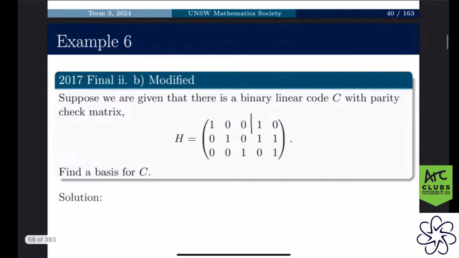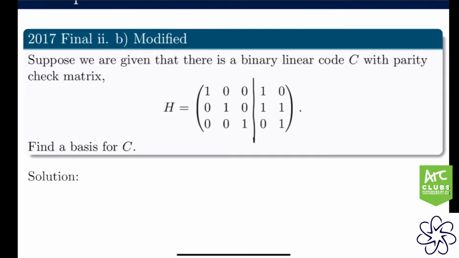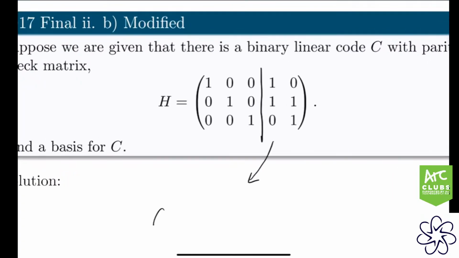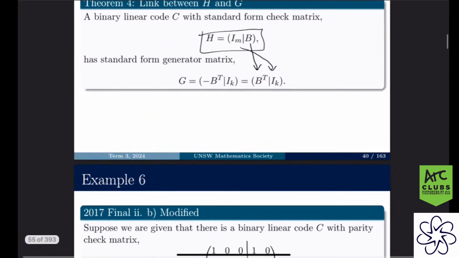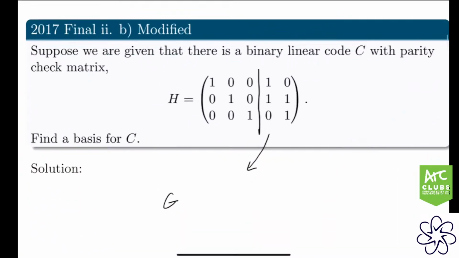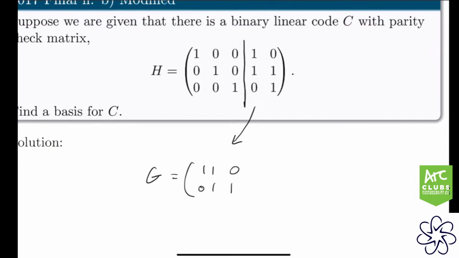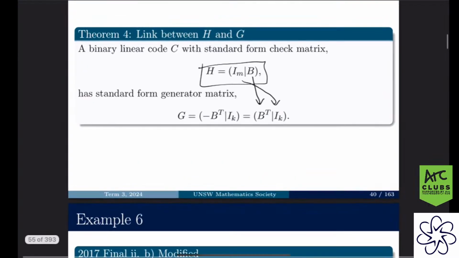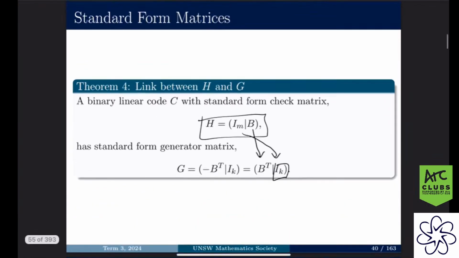And if we draw that line between the two matrices, we can see that G is going to be the transpose. So that's 1, 1, 0, and 0, 1, 1. And then we will just fill in the rest with an identity matrix of size k.